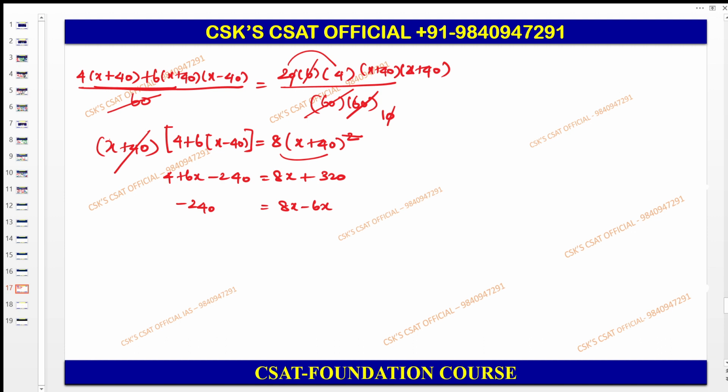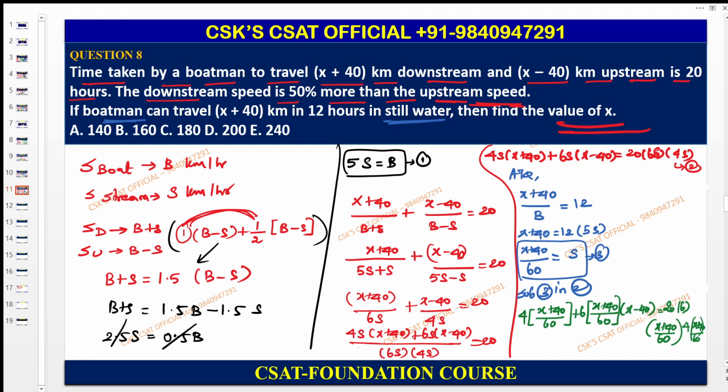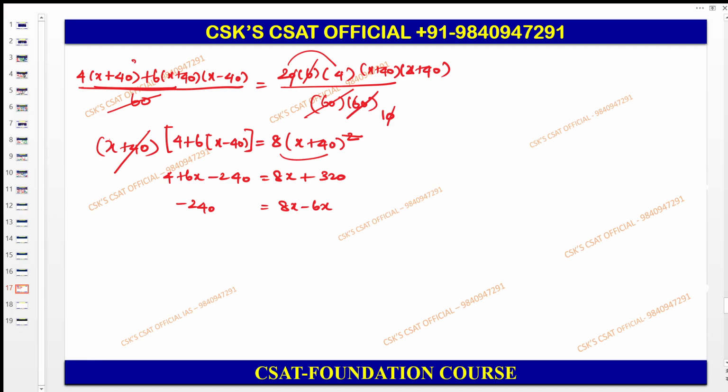Now two times we are writing 60 and 60, and x plus 40 because it is there, when you are substituting 2s here. Now we can cancel this 60 and 60. Further we can cancel the 0 and 0 here. Now 4 into 2 becomes 8.